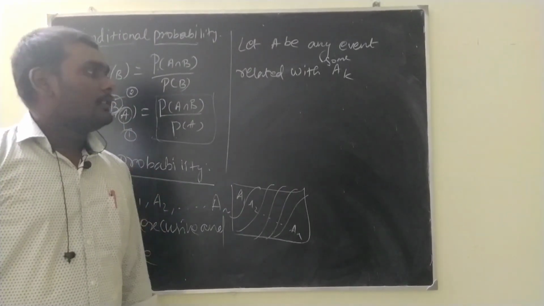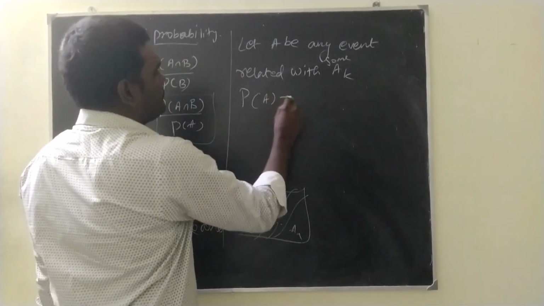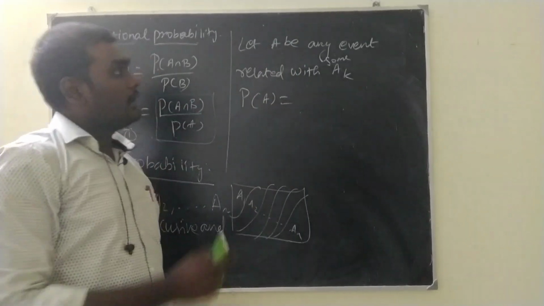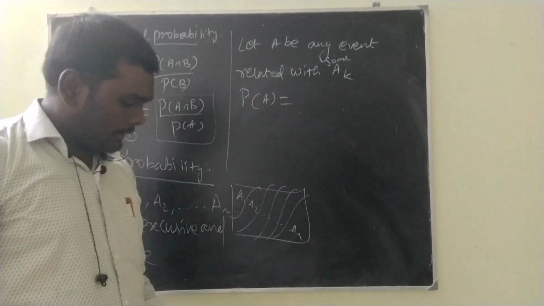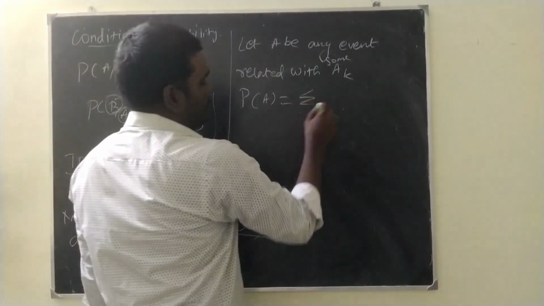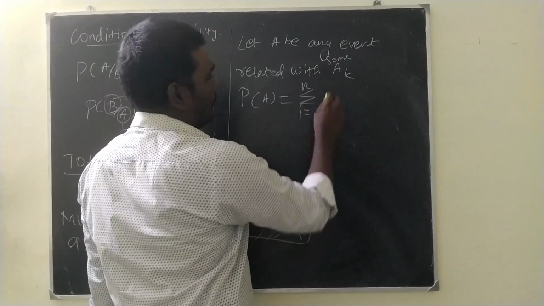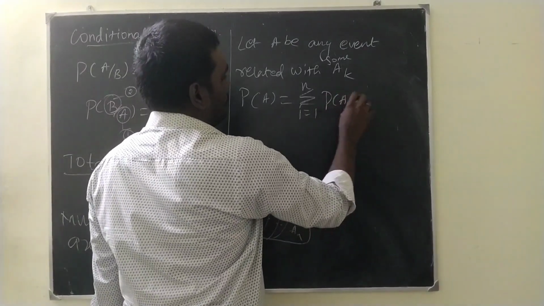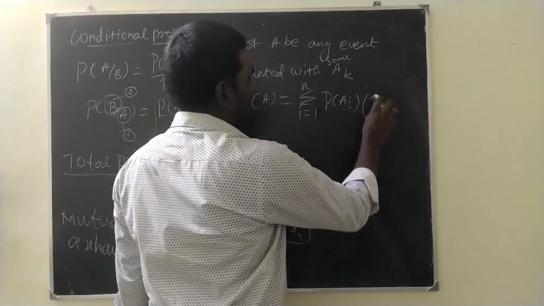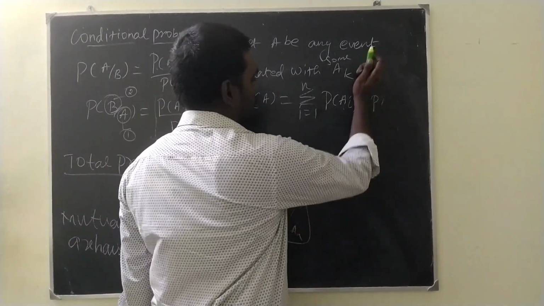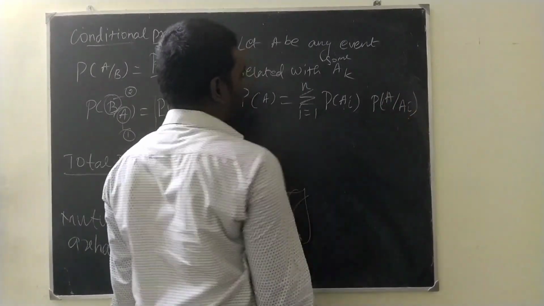Then P of A is the summation, sigma notation, i equal to 1 to n, of P of Ai into P of A given Ai.